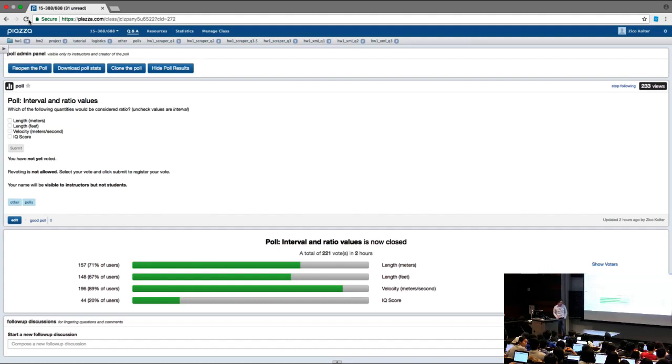And similarly for IQ score, for those that don't know, IQ is one arbitrary intelligence measure, but the point is that the mean of IQ in the population is supposed to be 100. So there's no real notion. Zero doesn't matter. Zero is just some number away from 100. So there's no notion in which you're twice as smart as someone if they're 100 and you have an IQ of 200.